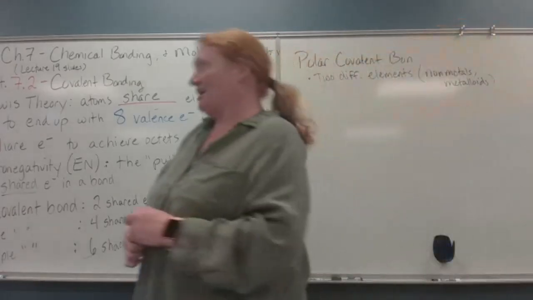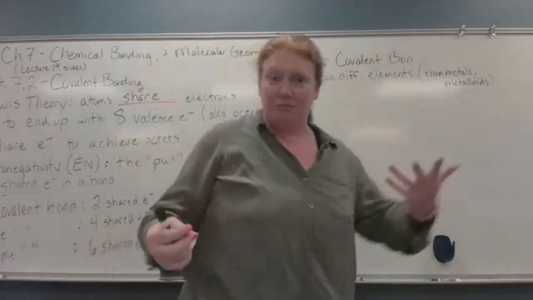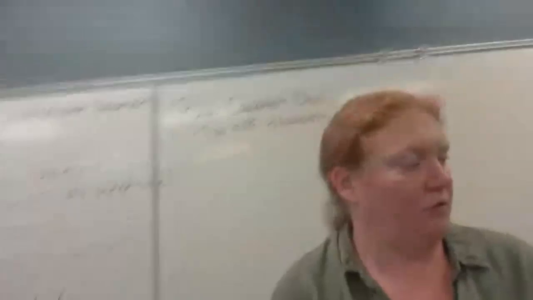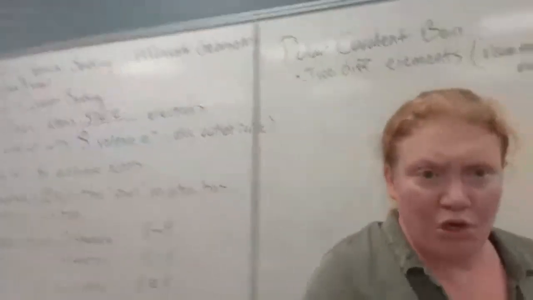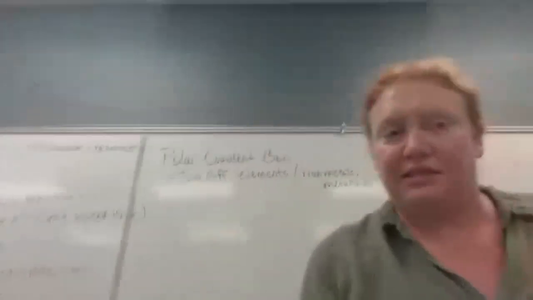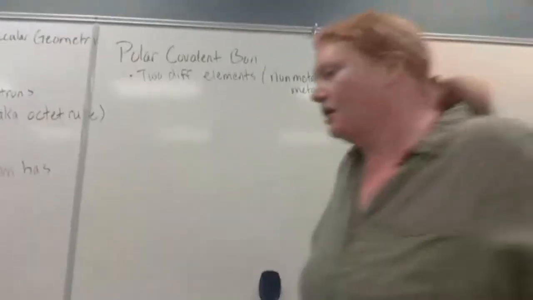If it's a metal, I can tell you it's going to be ionic. It's not covalent at all. So what we want to do is just look at one bond between two elements and let's decide if it's polar.